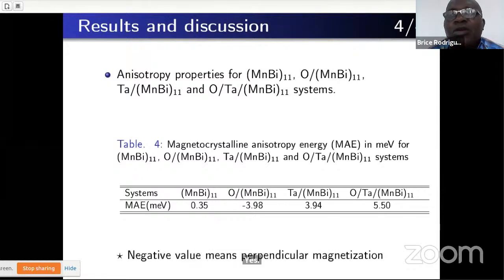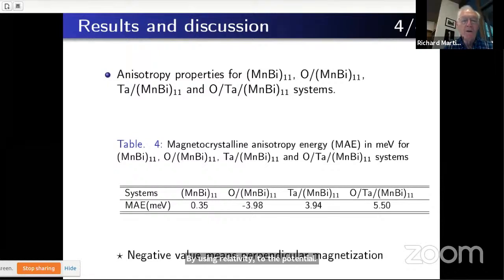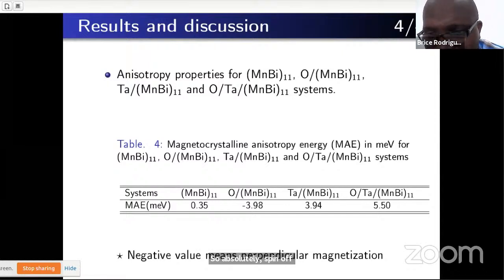Then we do a band calculation by using a relativistic pseudopotential, including spin-orbit coupling, by orienting, for one configuration, the magnetization along the Z-axis, and the second one along the surface plane.